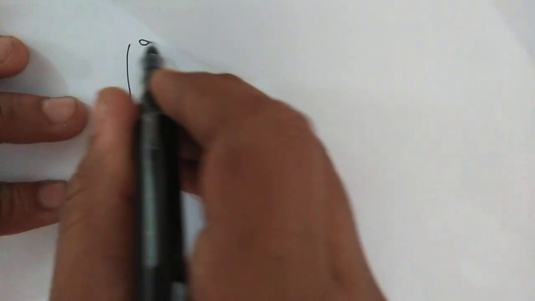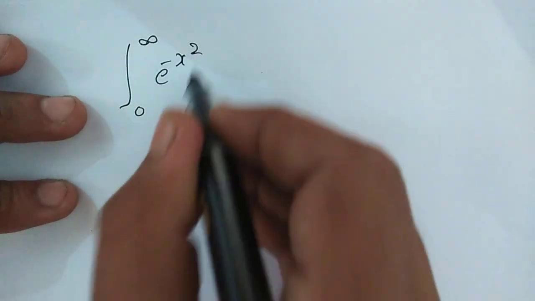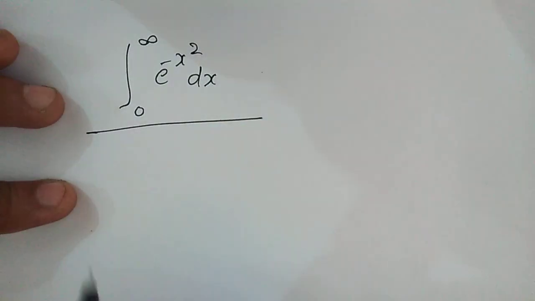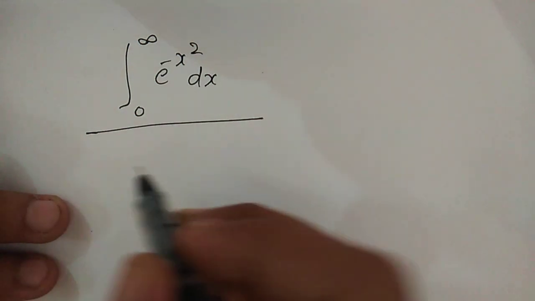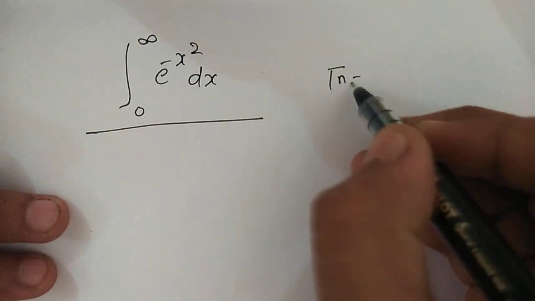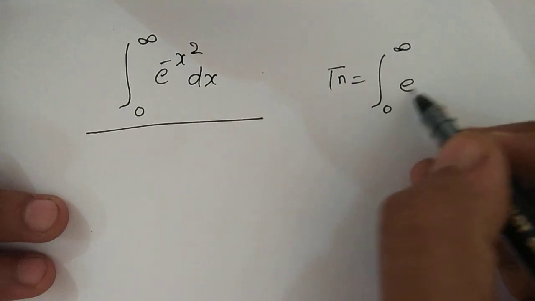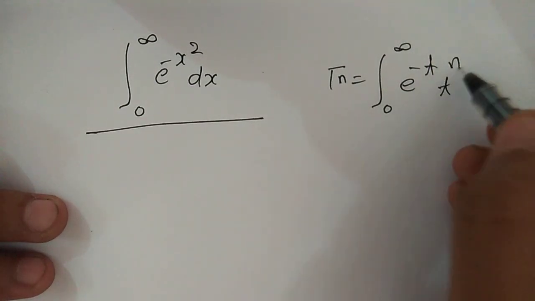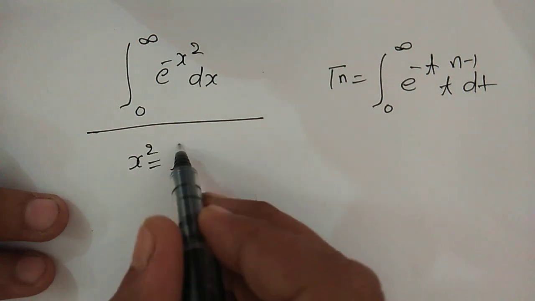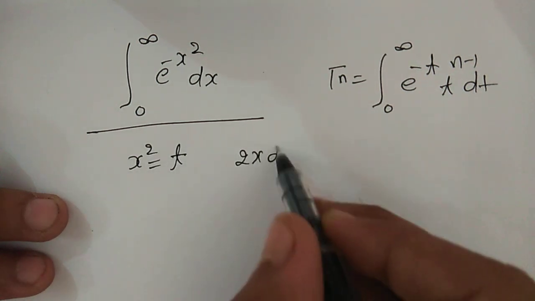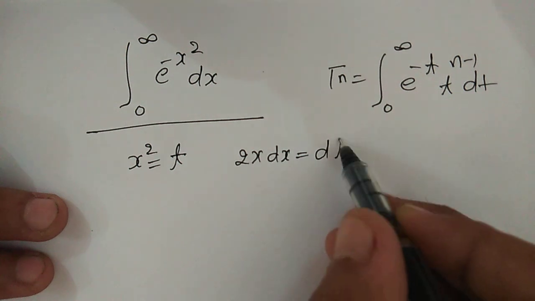One more problem we have: the integral 0 to infinity of e to the power minus x squared dx. If you don't know beta and gamma functions, it is difficult to solve this one. So for this, we know gamma n equal to the integral 0 to infinity of e to the power minus t, t to the power n minus 1 dt. So x squared we can take as t, so 2x dx equal to dt.